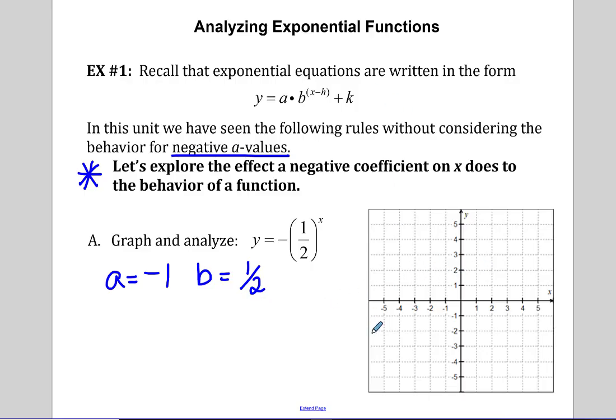We also have 0 for our horizontal asymptote, so I'm going to sketch that in there. And then my graph is going to go through about here.